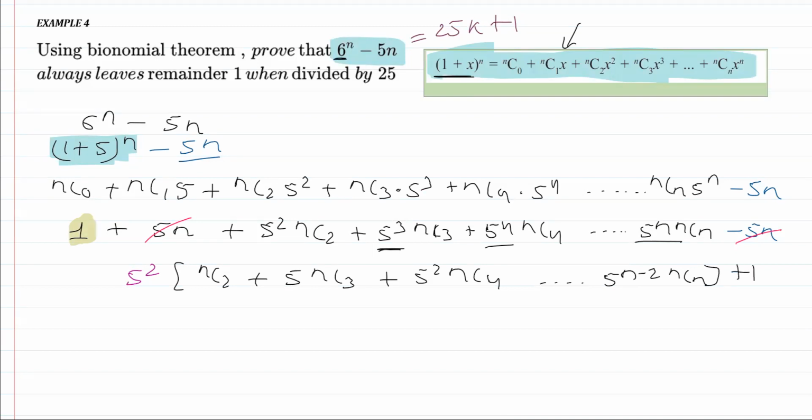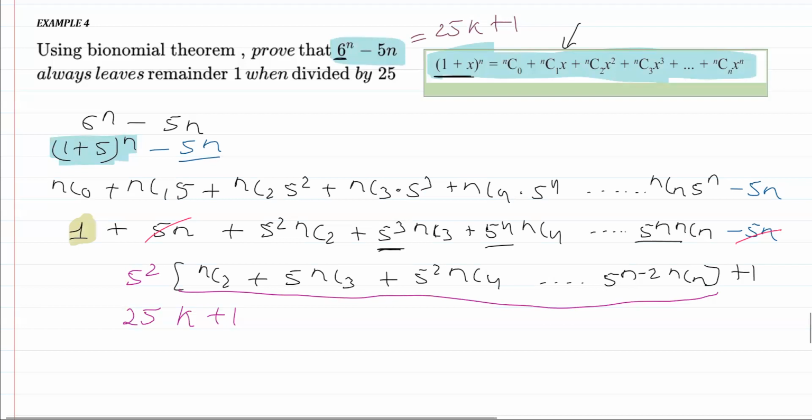As you can see that whenever we do expansion of this binomial, it has to be a positive integer when n is positive. So I can write this as 5 square, which is 25, and this I'm taking as k, like from here till here, it is 25k plus 1.